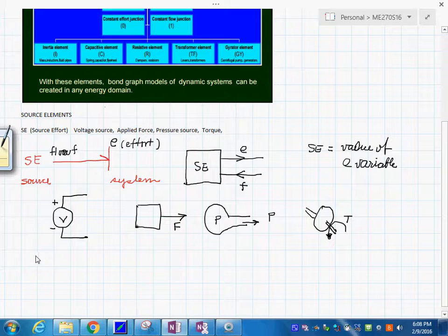The way we name this thing in the constitutive law is SE5 equals to maybe whatever it is in voltage, 10 volts, yeah? Or we put like here SE5, if it is a force, you would say 10 newtons.